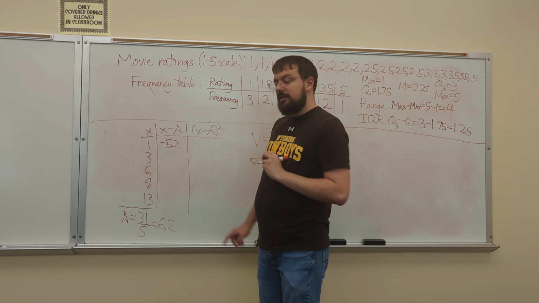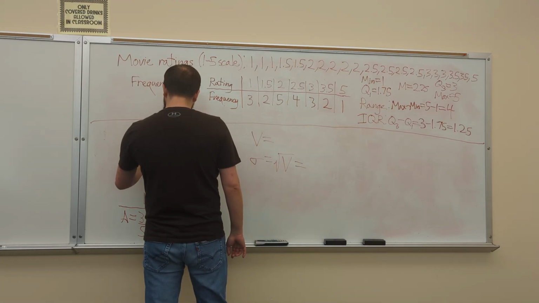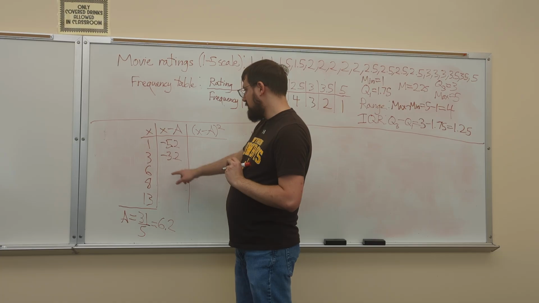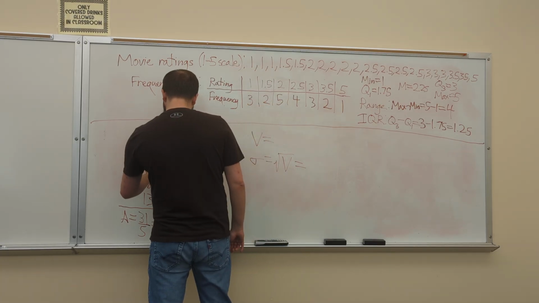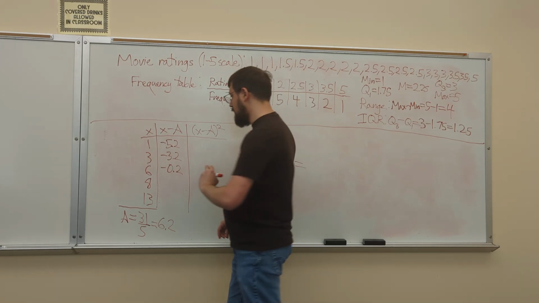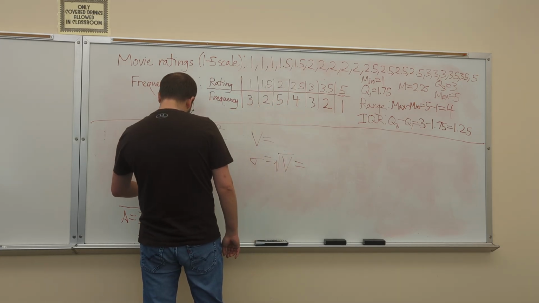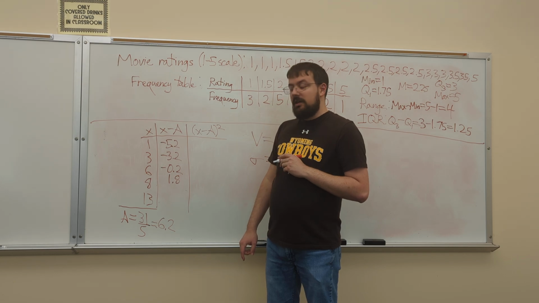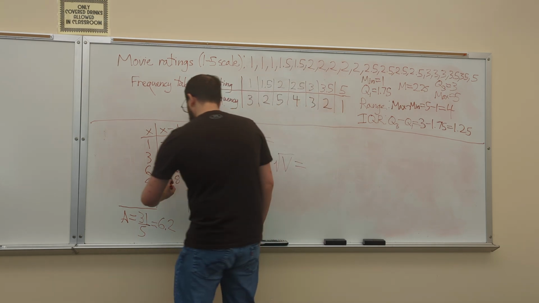Three minus 6.2, that would be negative 3.2. 6 minus 6.2, negative 0.2. 8 minus 6.2, that would be 1.8. And then 13 minus 6.2, that would be 6.8.